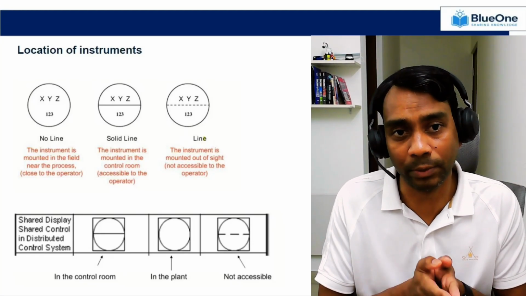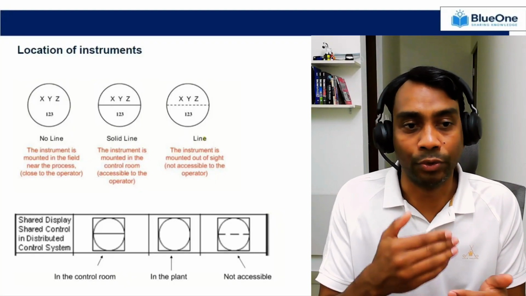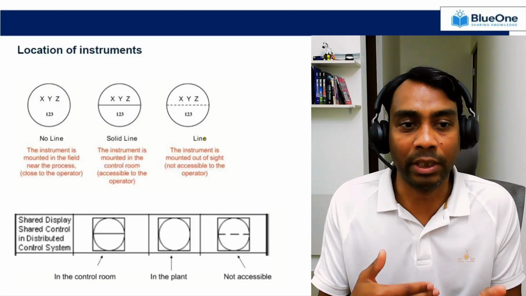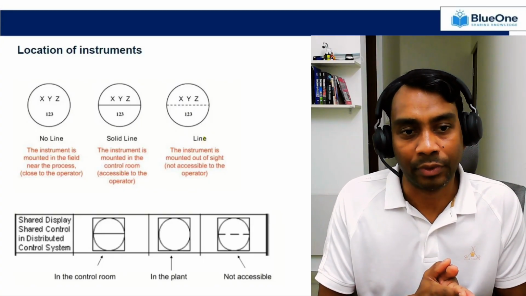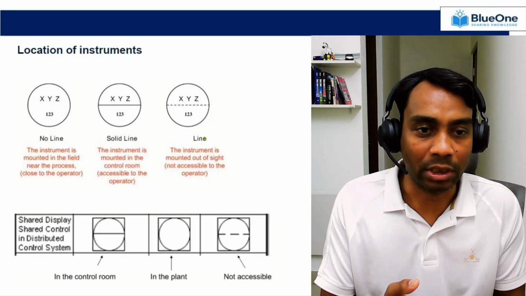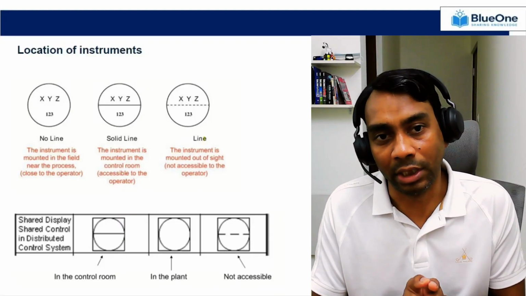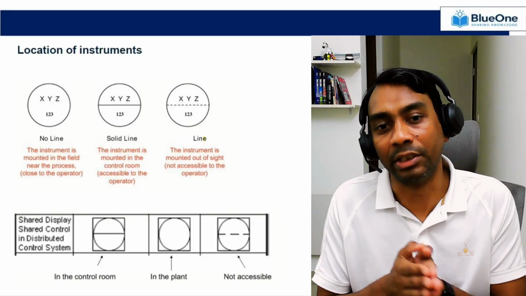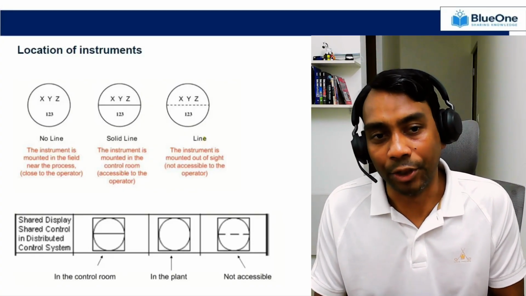How to understand if these particular instruments are connected to DCS or control system or not. If you see below, there are shared display and shared control in DCS. The first symbol indicates that your particular signal is in the control system, control room. Your second one without a line indicates that it is in the plant, and then the third one, it is not accessible by the operator.